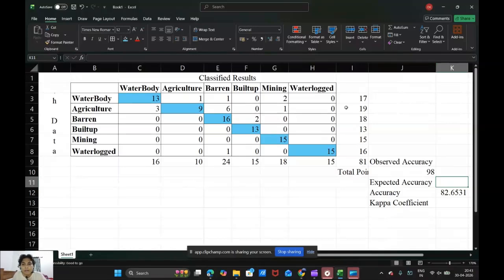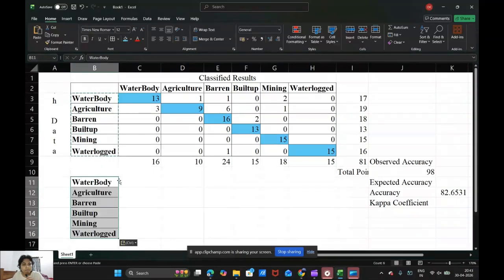We multiply the row total of water body with the column total of water body. We just multiply it. So we will copy this again, Control C, Control V. We're just multiplying the row total with the column total. That's all we are doing right now.